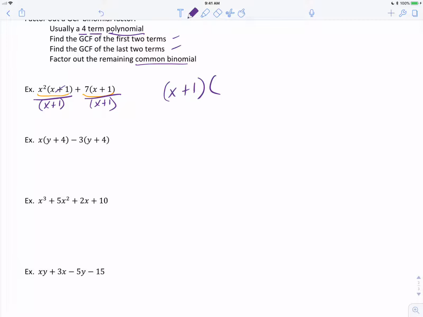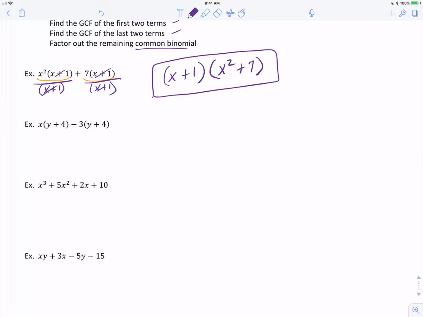Well, in this case, the x squared is left for that term, and then the 7 is left for the other term. And so we've put that in product form and we factored it, and that is just a nice, easy way to remember to factor.